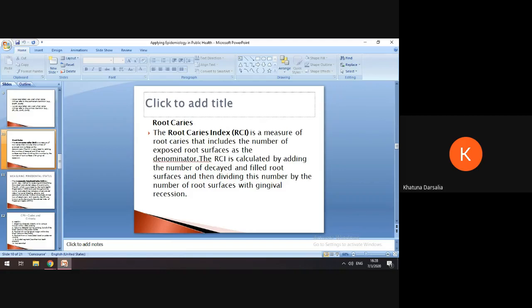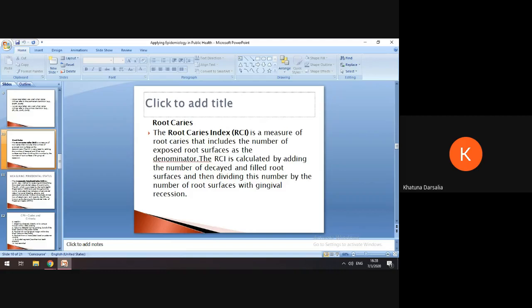The resulting number is then presented as a percentage, which means that it is multiplied by 100. If a person has an RCI of 12%, it means that of their teeth with gingival recession, 12% of the root surfaces are either decayed or filled.